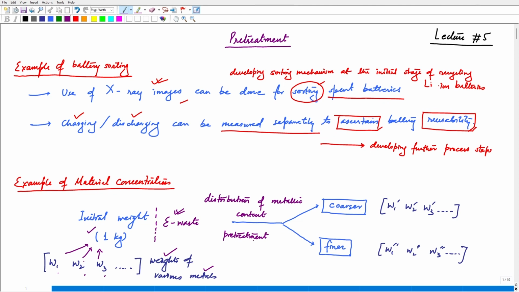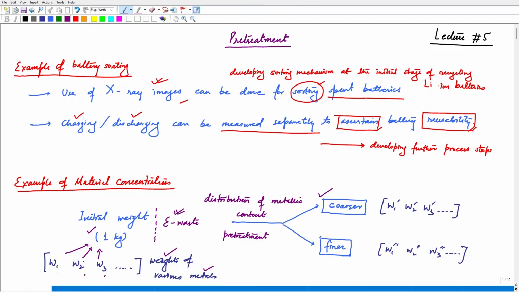Now the first pretreatment that we can initially think of is bringing down the particle size by crushing, grinding and size distribution, basically sieving. This we have covered in the previous lectures, and we know that this is the beginning step.